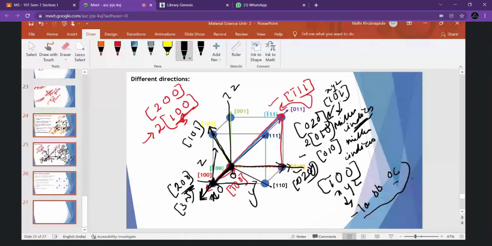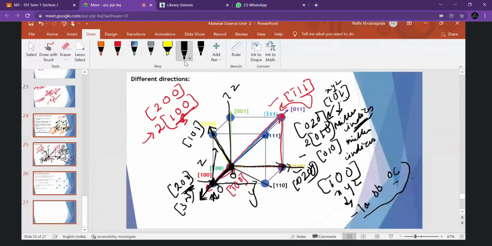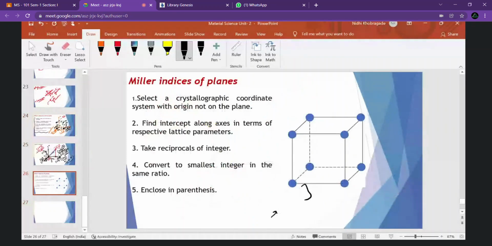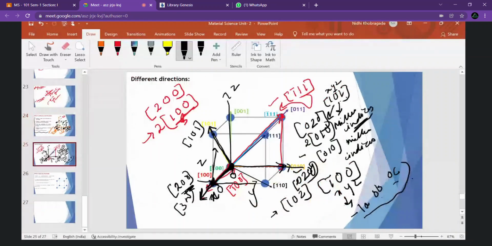Suppose it has 012. Okay, 012. Or I can say 102. Okay, so suppose for example we take 102. Okay, so what we have to do, sorry, we are removing the 2, so it will become 1 half, 0 and 1.